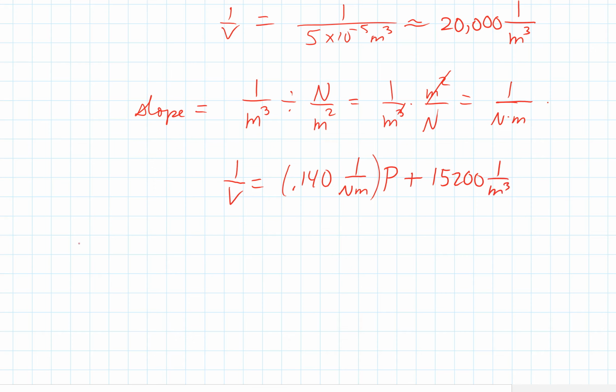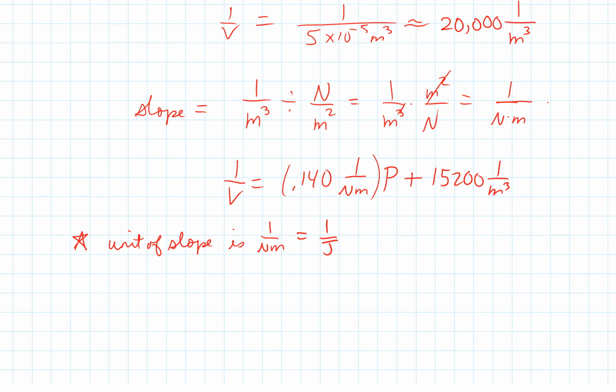So there's a couple of things to take away from this, okay? First of all, the unit of the slope is 1 over Newton meters, which is force times distance, which is work, so it's in joules. Now the reason for this is that as the plunger is moving downwards, there's a force being exerted on it, and it's moving a certain distance.